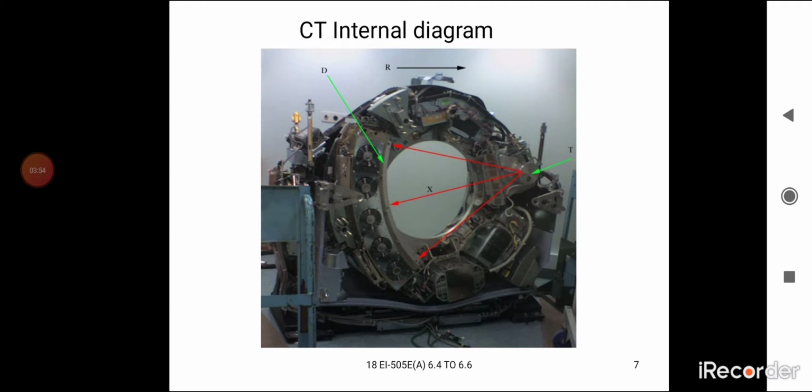So the X-ray tube is movable around it. The patient is to lie in the gantry tube.